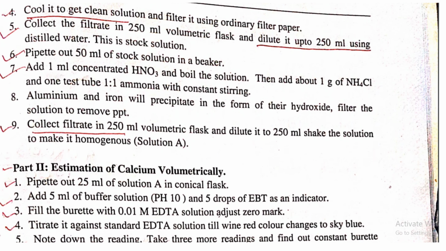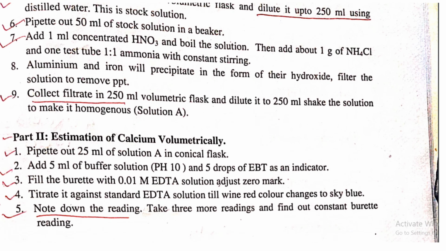Then pipette out 50 ml of this solution in a beaker, then add 1 ml of concentrated nitric acid and add 1 gram of NH4Cl and one test tube of 1:1 ammonia with constant stirring. Aluminium and iron will precipitate in the form of their hydroxides. Collect the filtrate in a 250 ml volumetric flask, then dilute it up to 250 ml.